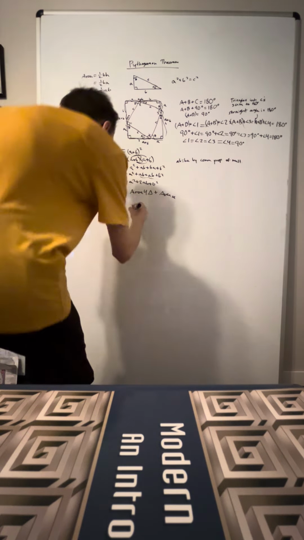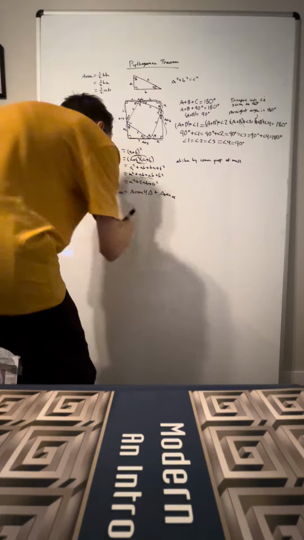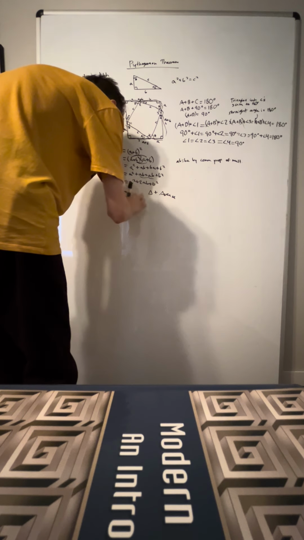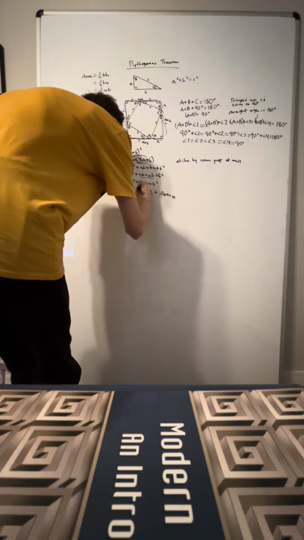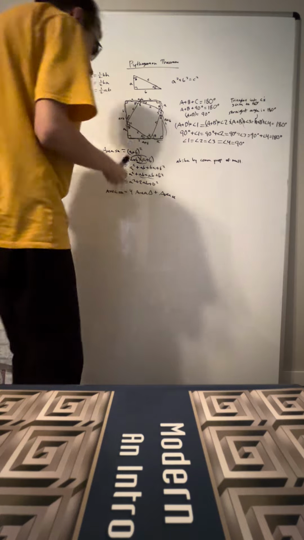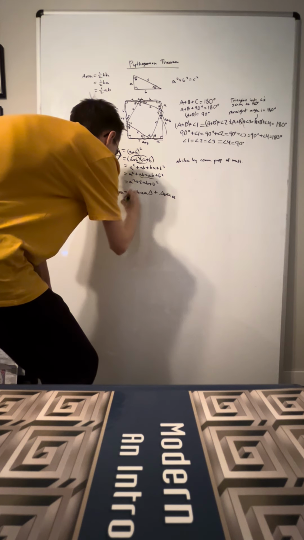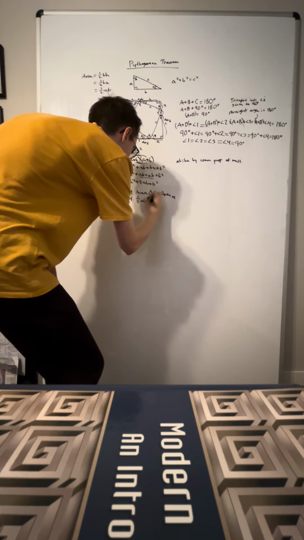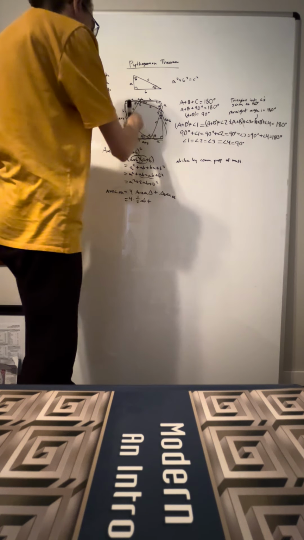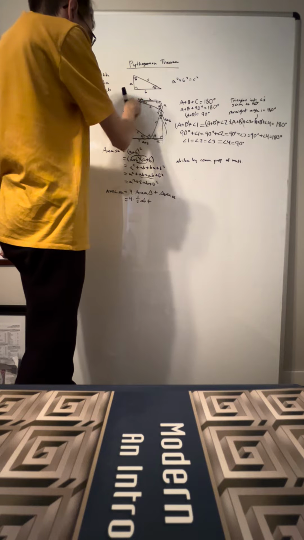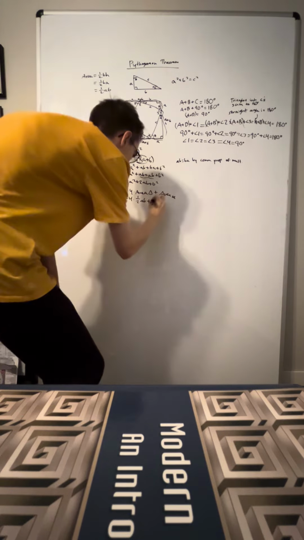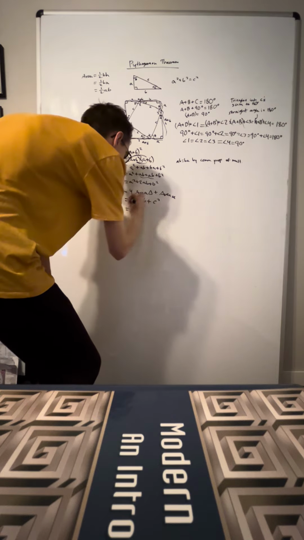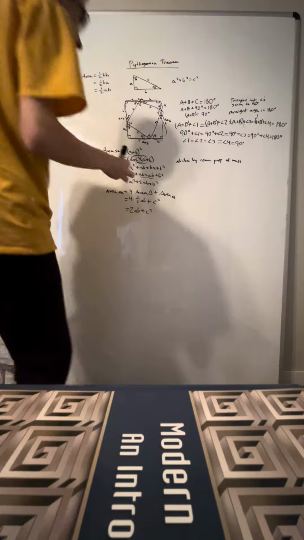So this is 4 times the area of the triangle, which is 1/2 AB, plus the area of the square inside here, which has side length C, so C squared for our area. So that's going to be 2ab plus c squared.